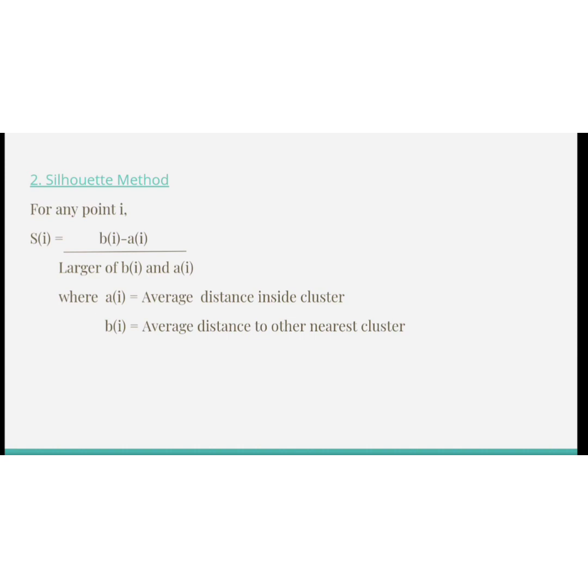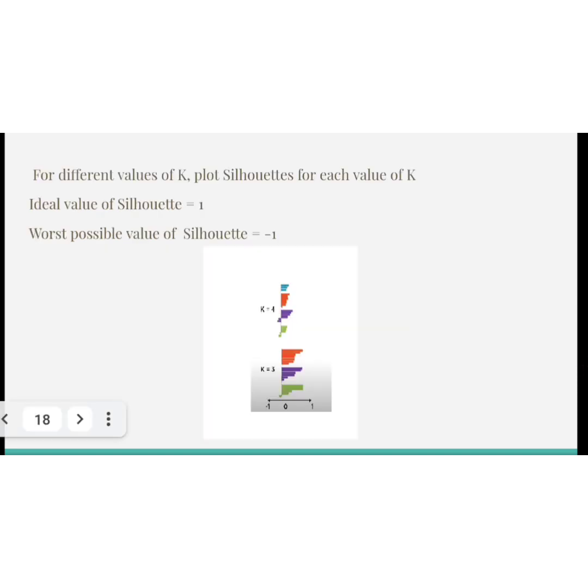And by this formula, we will find the silhouette value in case of all the values of k. That means as we had done in the elbow method, we will try different values of k, and in each case we will find the value of S(i).